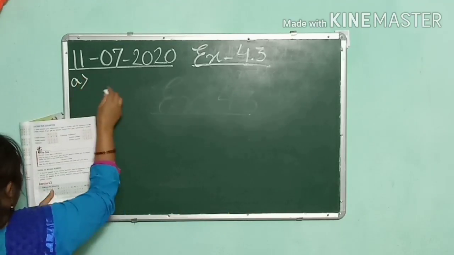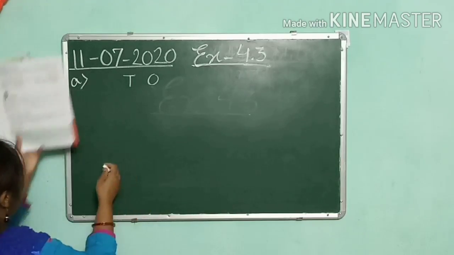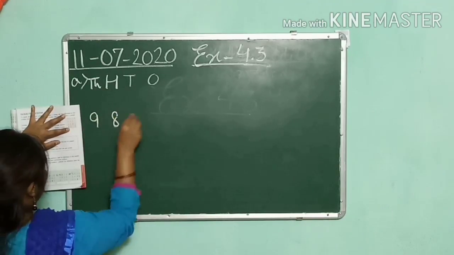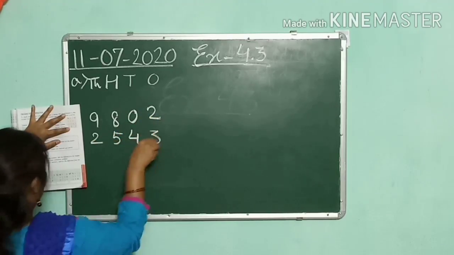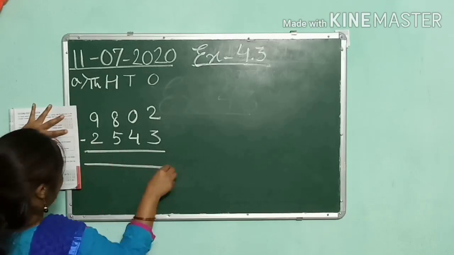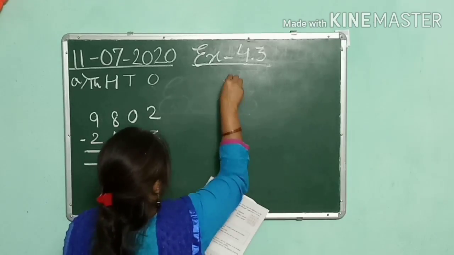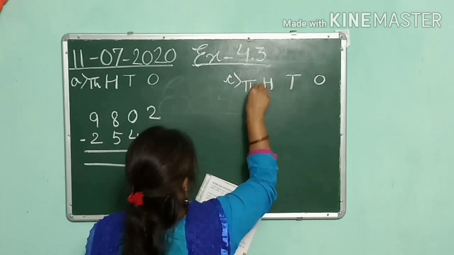Our question number 8, children. There are 4 place values: ones, tens, hundreds and thousands. And you have to subtract 9,802 and 2,543. Okay. Similarly, we will do question number C. Again, there are the 4 place values: ones, tens, hundreds and thousands.